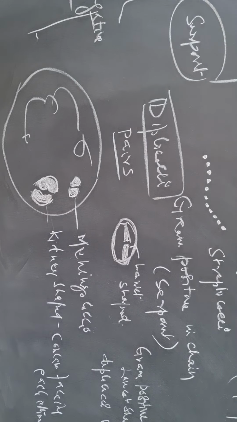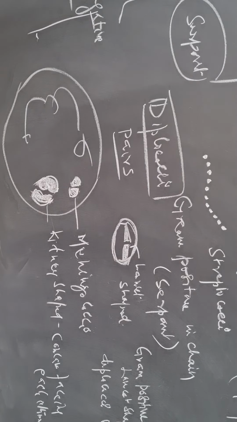One is Gram reaction. The second one is spore forming capacity. Third one is acid fastness. Write down. Spore bearers have the ability to form spores.